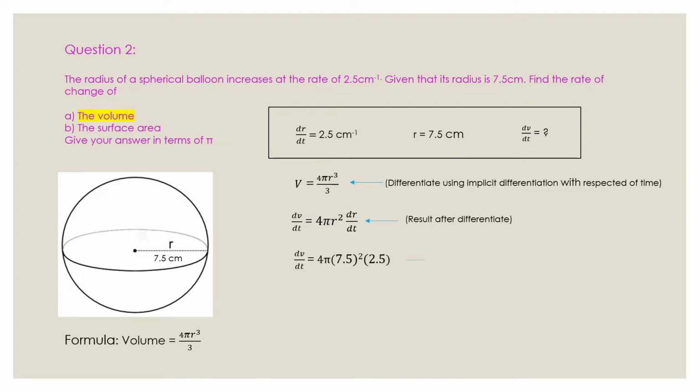Next, we need to substitute the information and solve the equation. dV over dt equals 4 pi r squared, where we substitute r with 7.5, and dr over dt we substitute with 2.5. The final answer is 562.55 pi cm³ per second. We leave the answer in terms of pi because the question needs us to give the answer in that form.